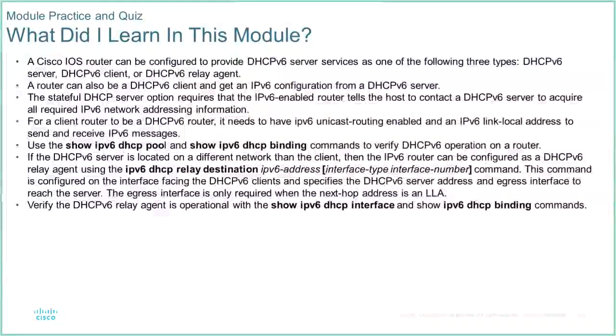We also had a look at how we can turn on the relay agent for DHCP, which is slightly different to the way we do it in v4, and the command structures used to verify that the relay is working. And that brings us to the end of this theory.